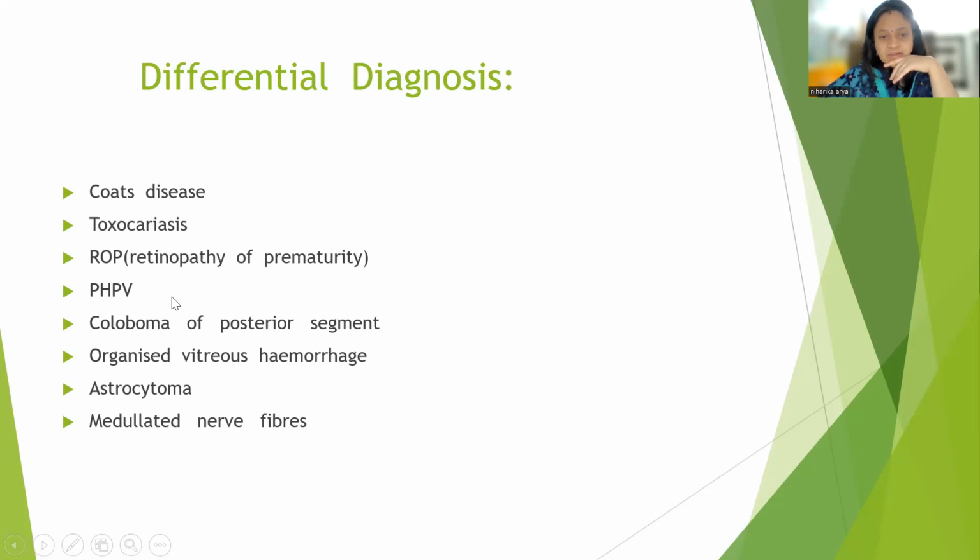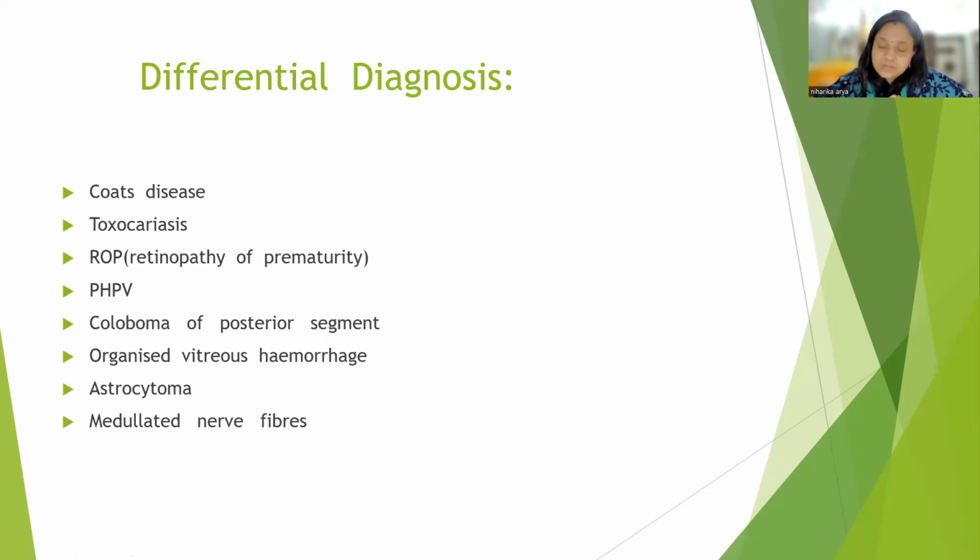Second is toxocariasis, retinopathy of prematurity, and PHPV, persistent hyperplastic primary vitreous, coloboma of the posterior segment, organized vitreous hemorrhage, astrocytoma, or medullated nerve fiber. These are some of the conditions which mimic a retinoblastoma, so we have to go through everything very meticulously.